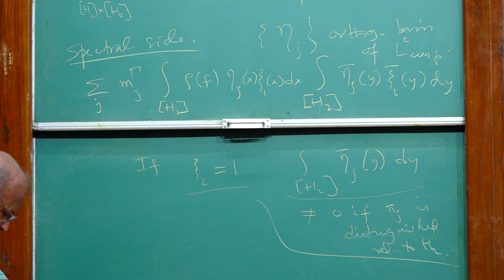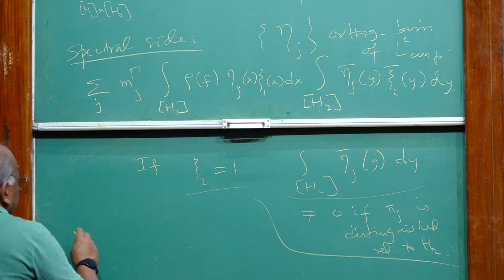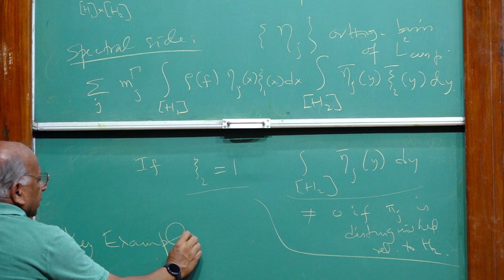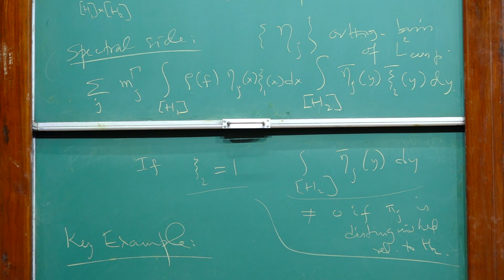So actually it's a very natural thing. Maybe I'll even say, so we're only looking at the spectral side, but let me give a key example, because I always have to look at some example.